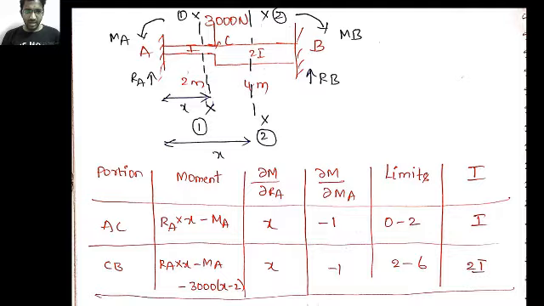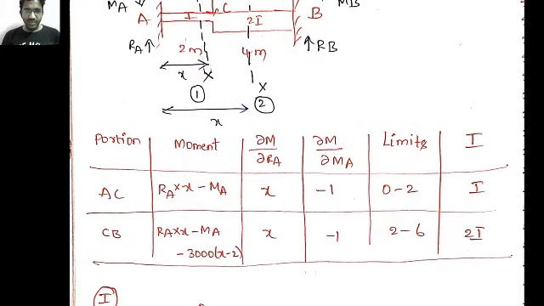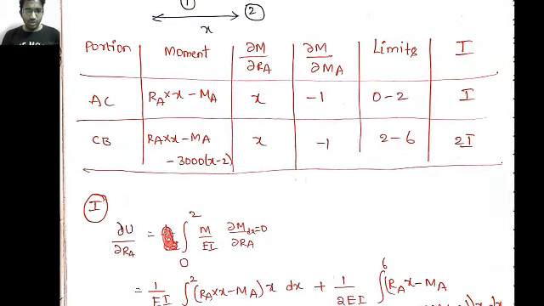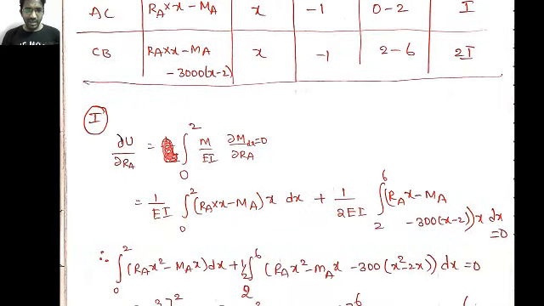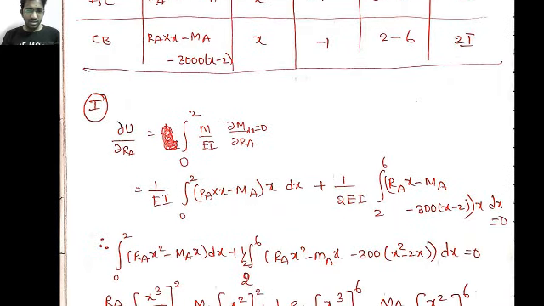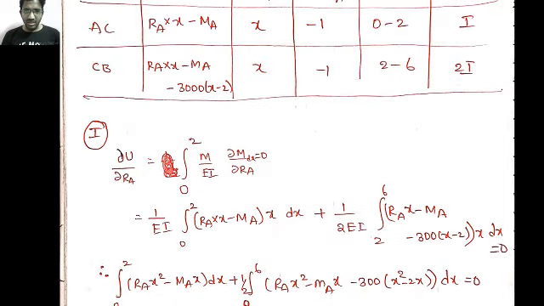Then I will move to the first vertical reaction, ∂U/∂Ra. ∂U/∂Ra must be equal to 0. What are the limits? 0 to 2, and 2 to 6, for the AC portion and CB portion.